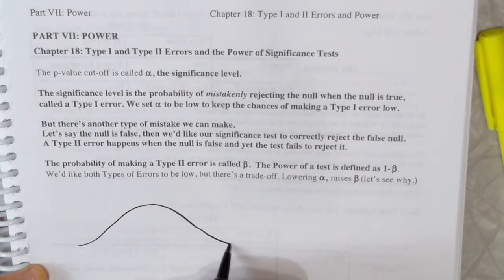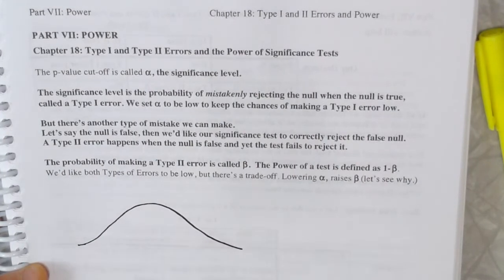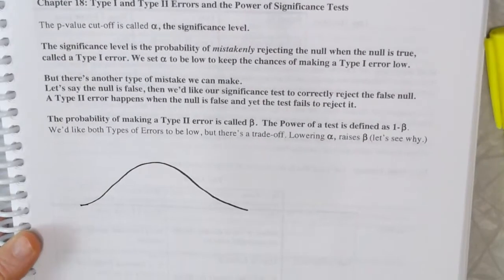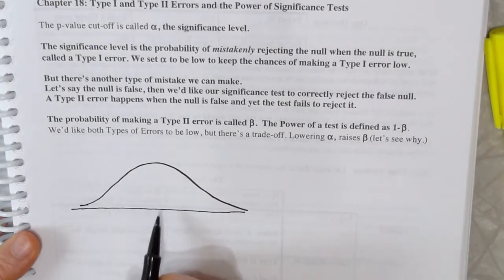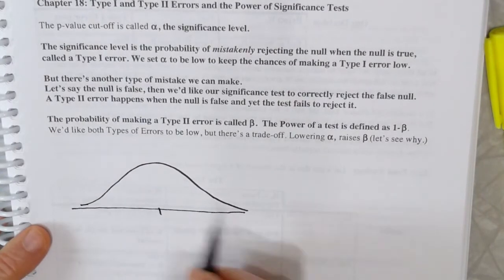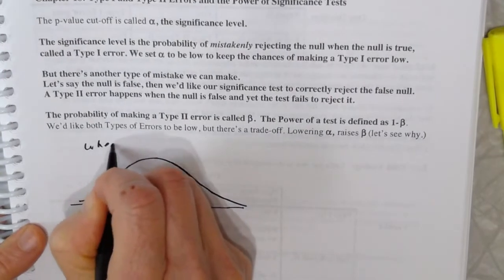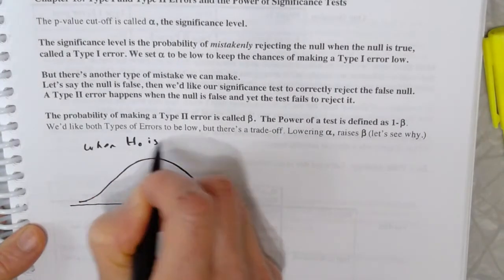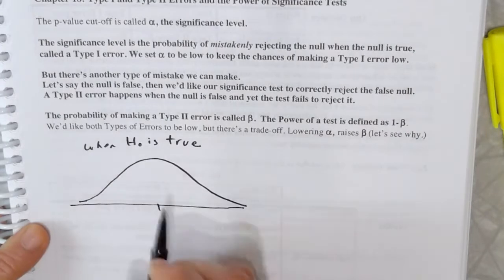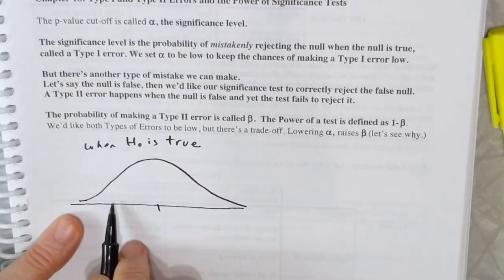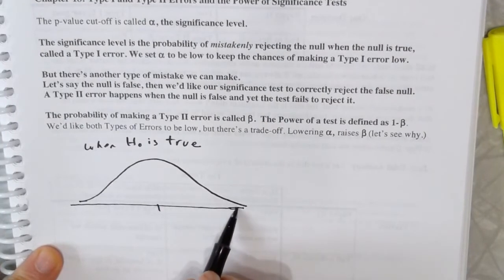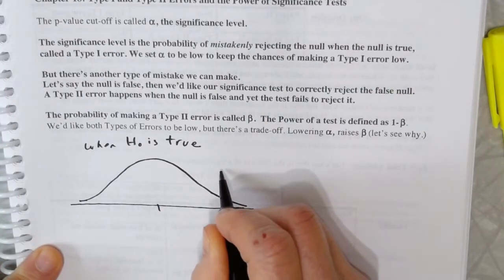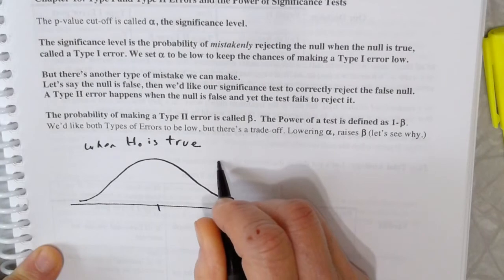Remember when we're doing a significance test, we assume the null is true. And let's imagine we're doing a z-test here. At some point, we assume the null is true here. So this is when the null is true. And then we look at the sampling distribution of our test statistic, and we decide at a certain point, usually the null cutoff, we usually say it's 5%.